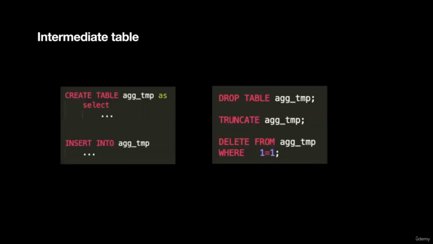Saving to a staging table with CREATE TABLE and INSERT INTO statements is easy for anyone. It is possible to drop a table with a DROP TABLE statement and recreate it each time to update the aggregate. Or use TRUNCATE or DELETE to clear the table of data that is no longer needed.